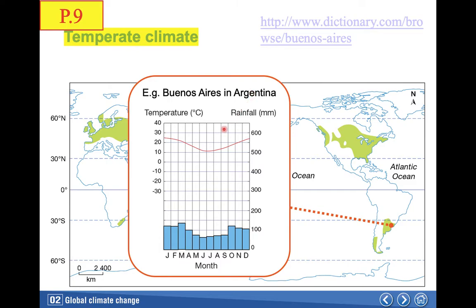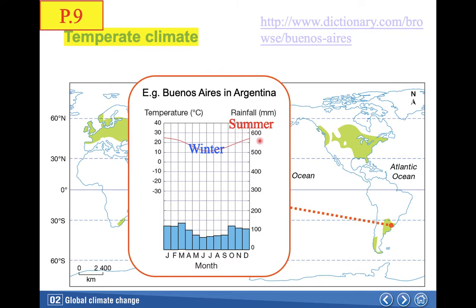For the temperate climate, this place in Argentina has, you can see, the temperate climate in winter time and summertime. Be careful because this place is located in the southern hemisphere, so their summer and winter are the opposite of ours.